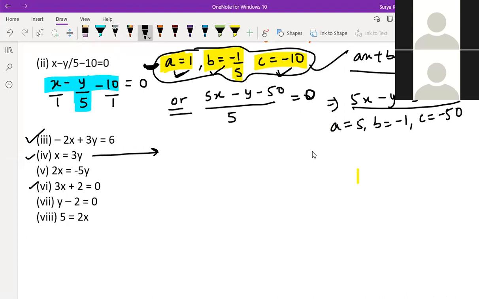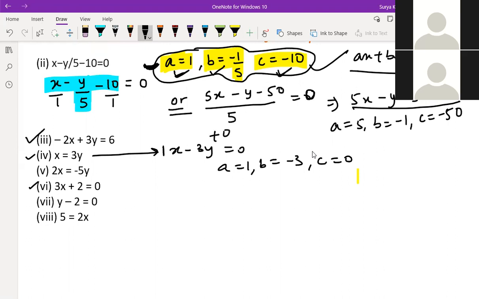All right. Now see the fourth one, what do we need to do, children? We can write here x minus 3y equals 0. Plus 0. So we can write it as 1x minus 3y, into 1 if it is not there, then it's equal.